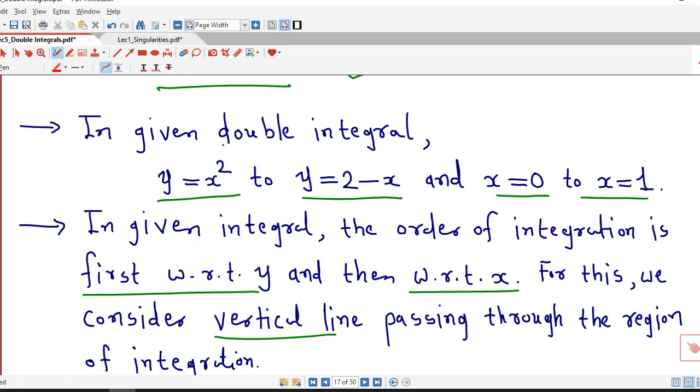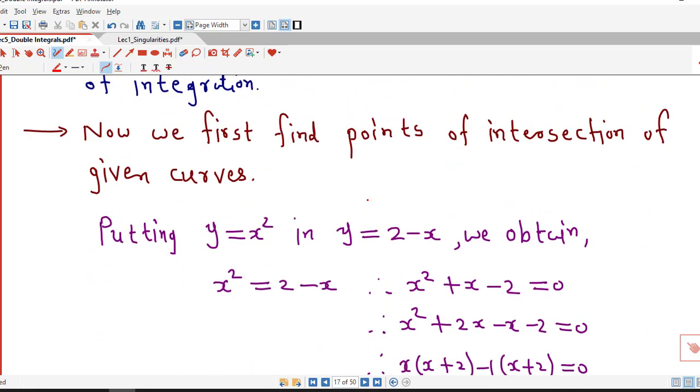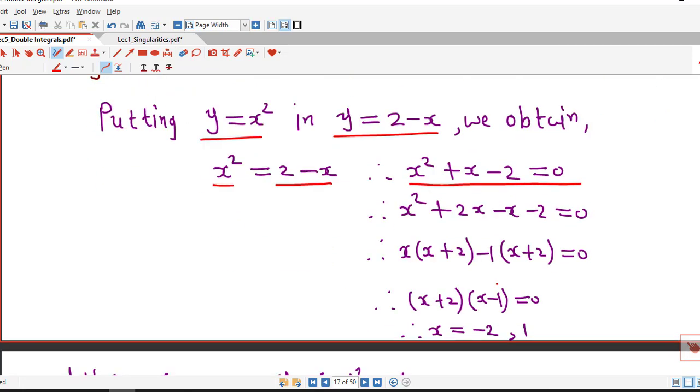For that we have to sketch all these curves: y equal to x square, y equal to 2 minus x, x equal to 0 and x equal to 1. So first we have to find the intersecting points of all these curves. To find the intersecting points of these two, we put y equal to x square in the equation y equal to 2 minus x, so we have x square equal to 2 minus x, which we can rewrite as x square plus x minus 2 equal to 0.